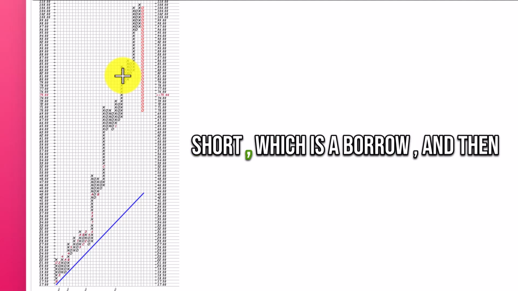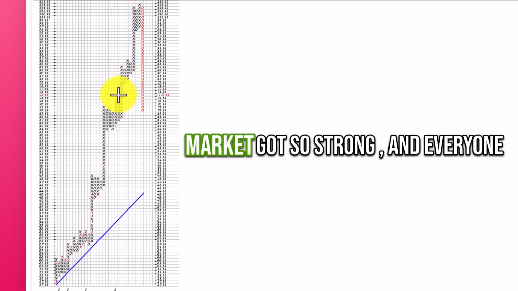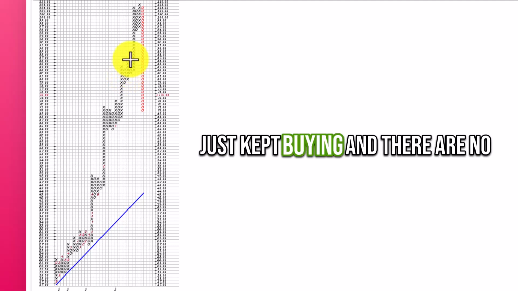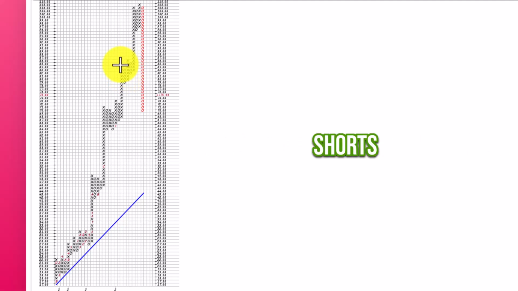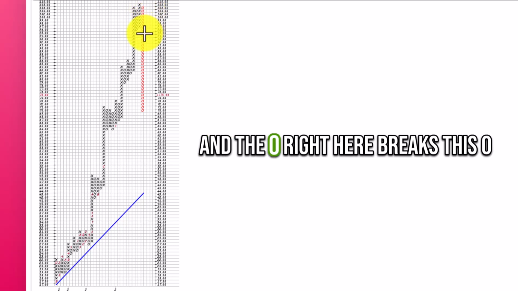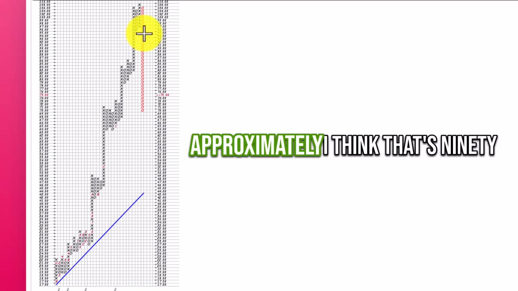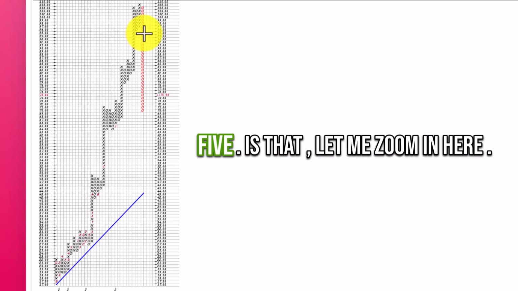You short, which is a borrow, and then you must buy it to close. So as the market got so strong and everyone just kept buying and there are no shorts, when we pull back and the O right here breaks this O at approximately, I think that's 95.